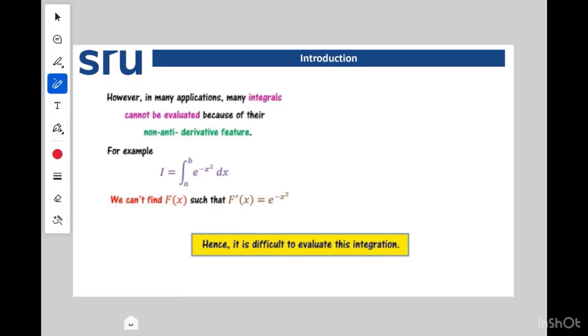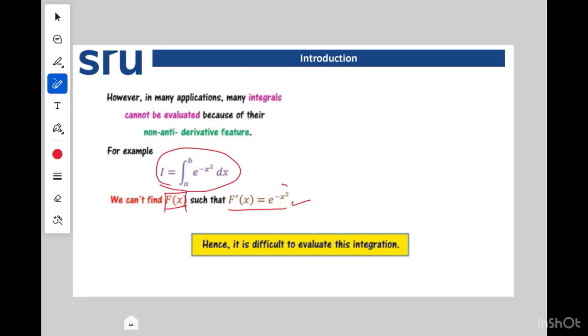For example, take I equal to the integral from a to b of e to the power minus x square dx. In this case we cannot find any F(x) whose derivative is e to the power minus x square.